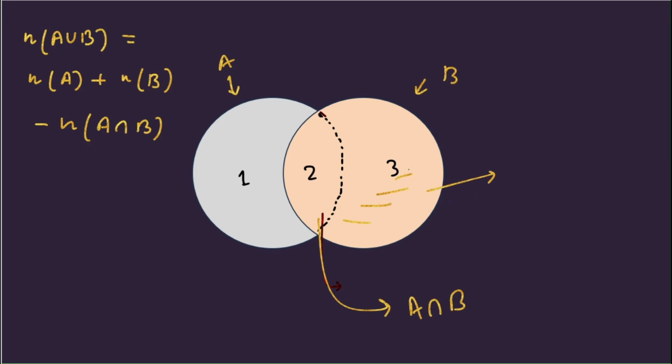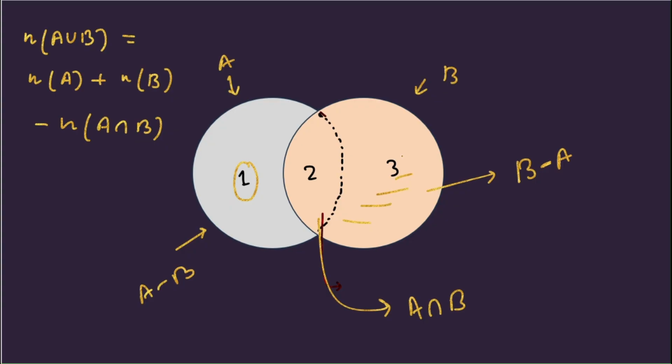Only this part 3. I don't want 2, I don't want 1. So this is actually denoted by B minus A, the difference of A from B. And similarly, this one part is represented as A minus B.